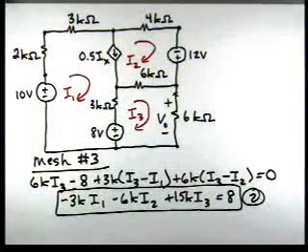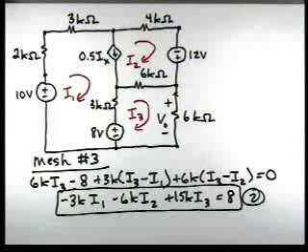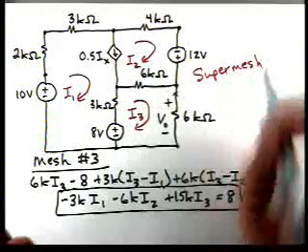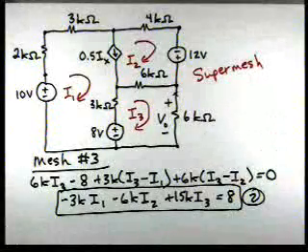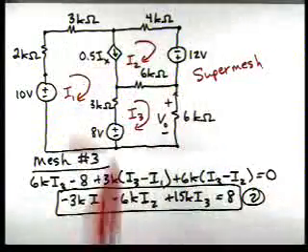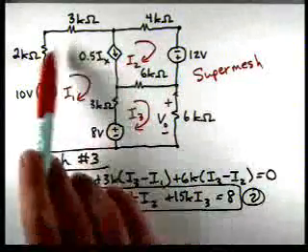Now again, remember, we need three equations. Our first equation came from the constraint equation. Our second equation came from mesh 3, and then we're going to use a super mesh to get our last equation. Really you can think about replacing that with an open and looking for a loop in the circuit. So there are actually two possibilities.